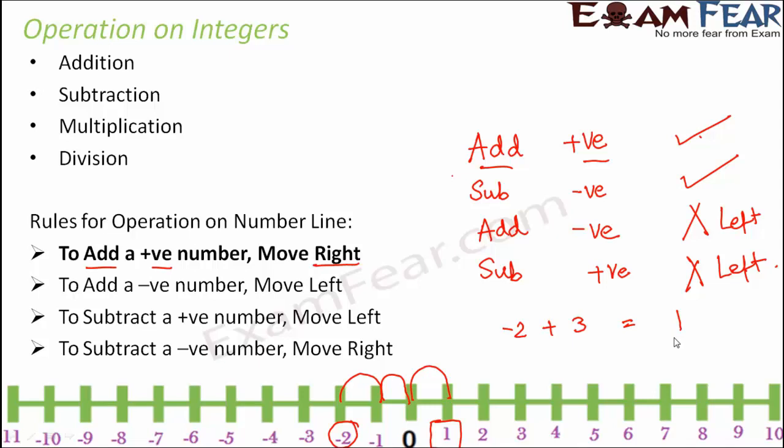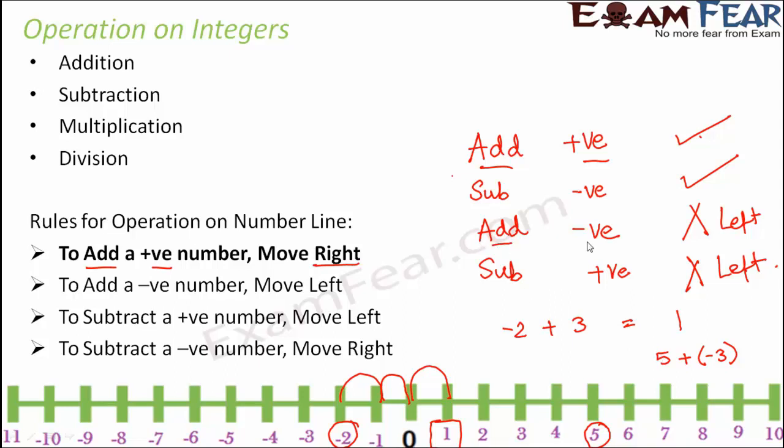Perfect? Okay, now let us say that you have some other integer. Let's talk about, say, 5. So you have an integer 5. Now, if I say that we are trying to add -3 to 5, so basically, we are trying to add a negative number to an integer.